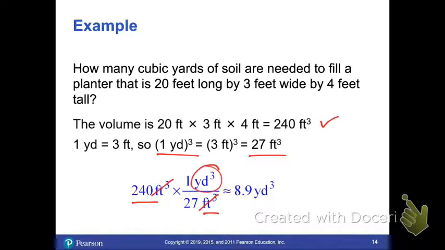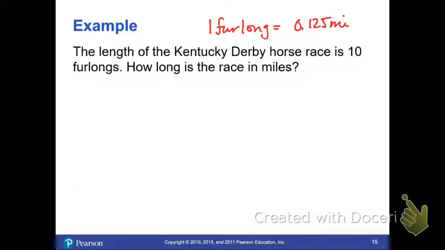And then I have my answer in the cubic yards. And so this time I do the 240 times 1, but then I have to divide by 27. And my yards cubed will be my unit. And so here it's approximately 8.9 cubic yards, or yards cubed.